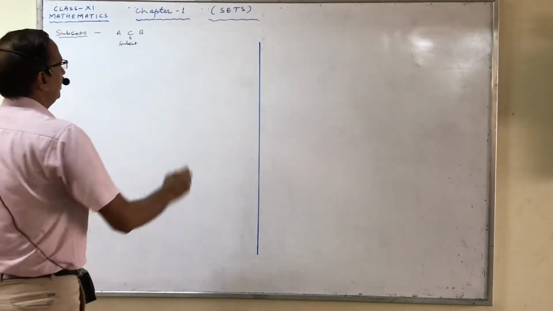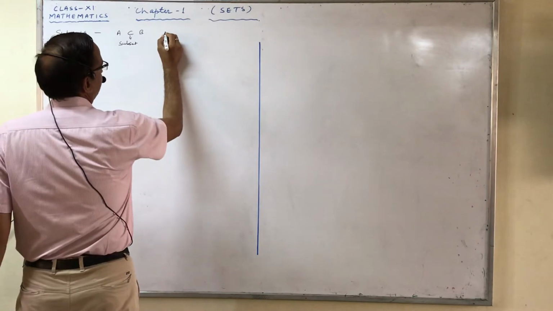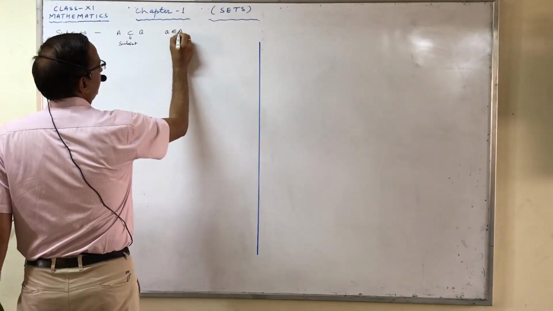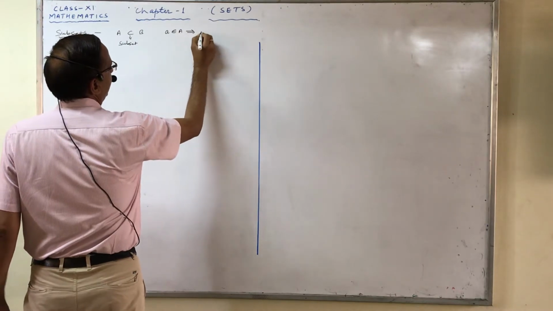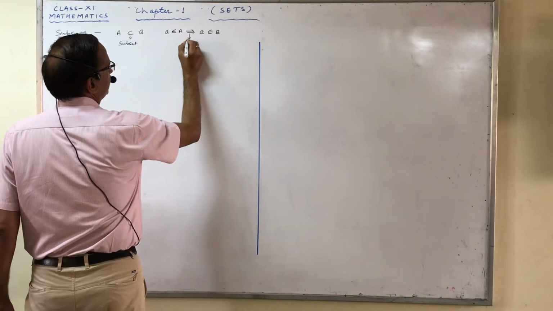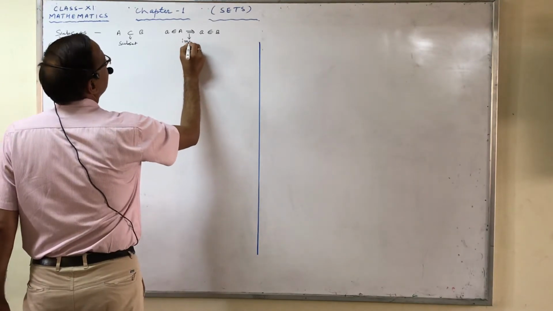In symbolic form we may write, if a is an element which belongs to A, this implies that a also belongs to B. This is the symbol of implies that.